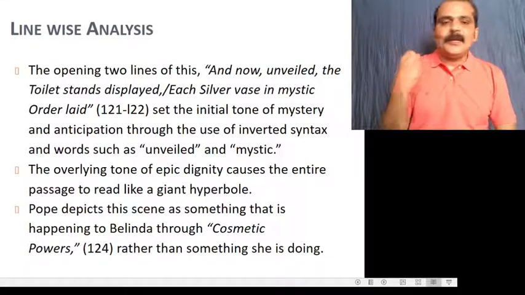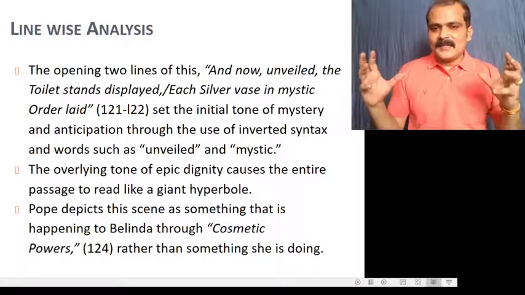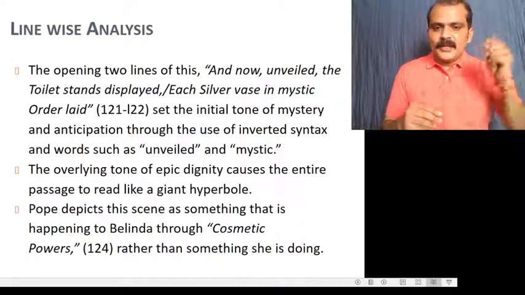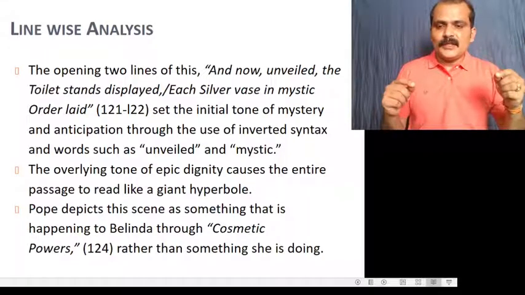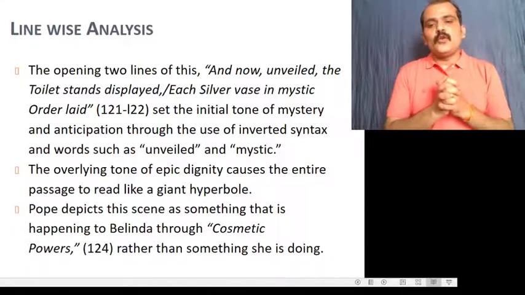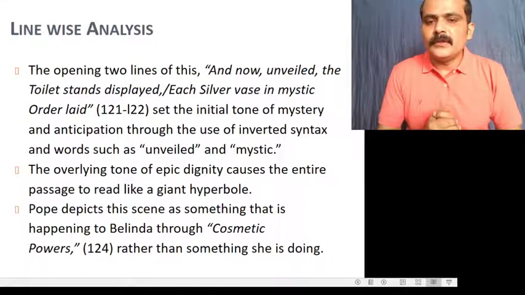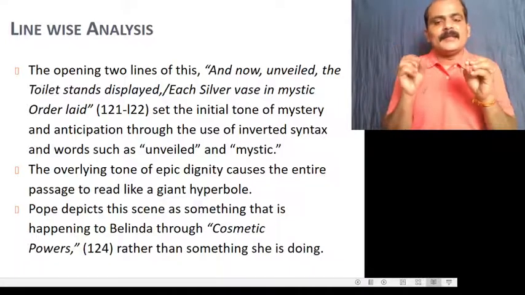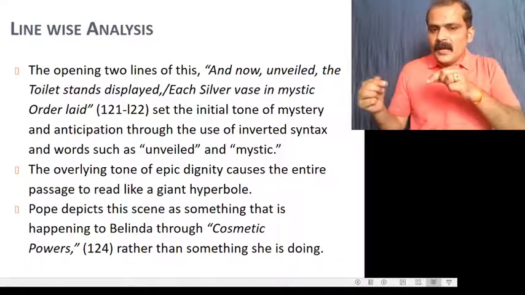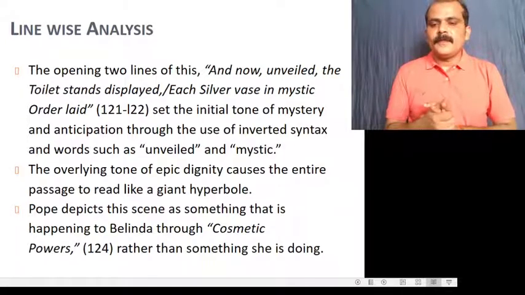The opening two lines: "And now unveiled, the toilet stands displayed, each silver vase in mystic order laid," set the initial tone of mystery and anticipation through the use of inverted syntax. The words such as unveiled and mystic are used very beautifully.